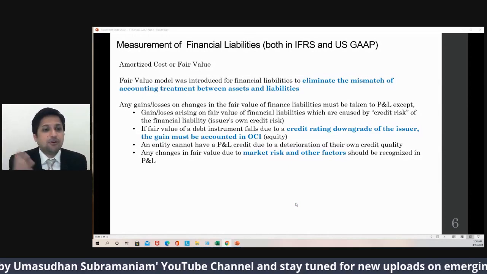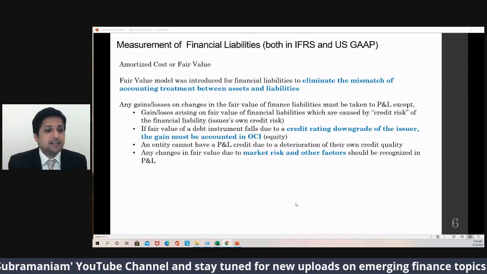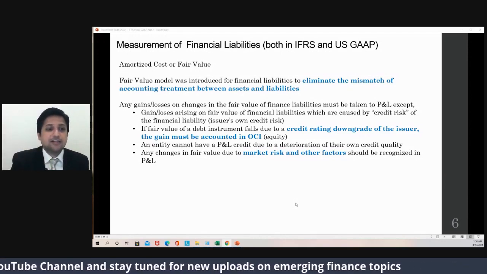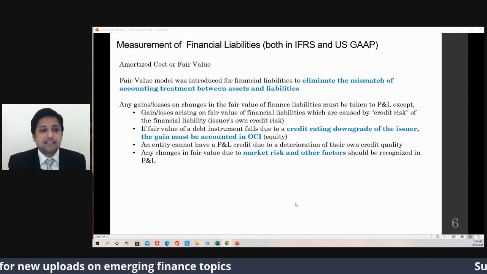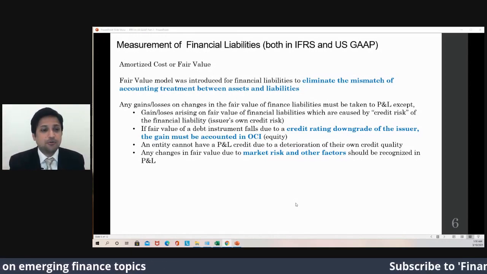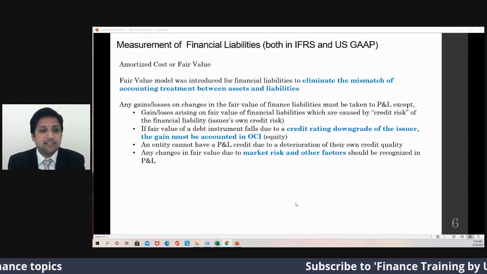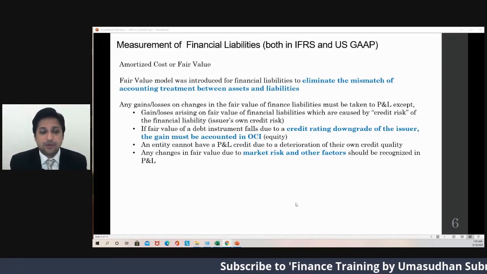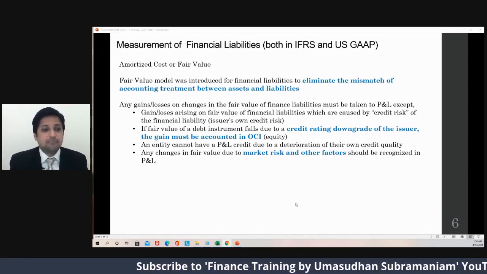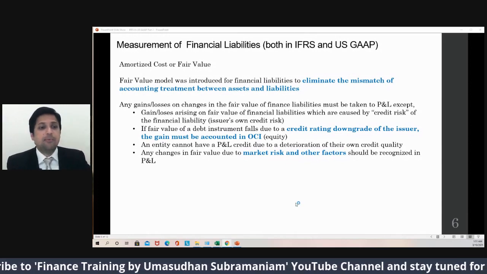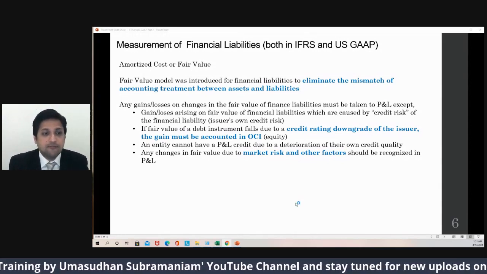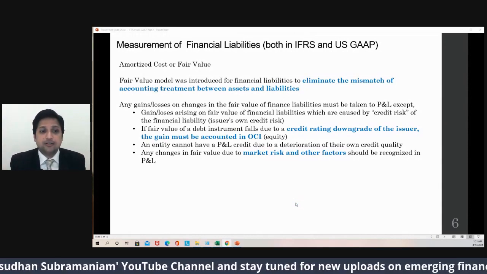So when those bond prices drop, these will translate into fair value gains in your income statement if such companies chose to account for liabilities at fair value. On the other hand, the company's economic fundamentals are weak and they are probably generating lower profits or even making operating losses.